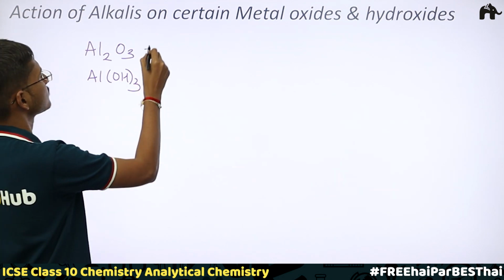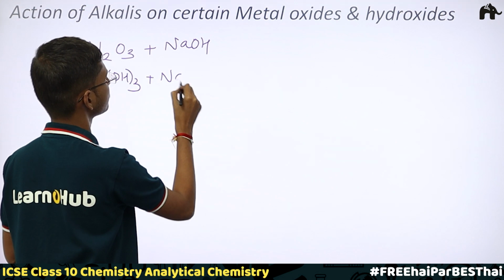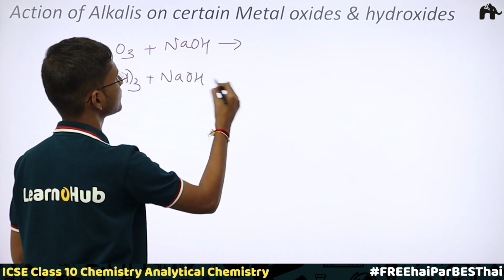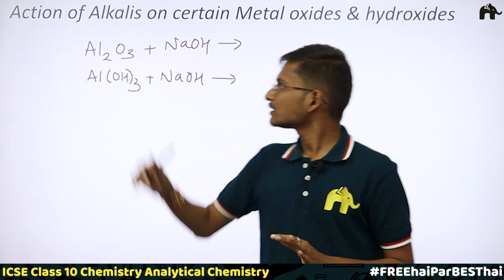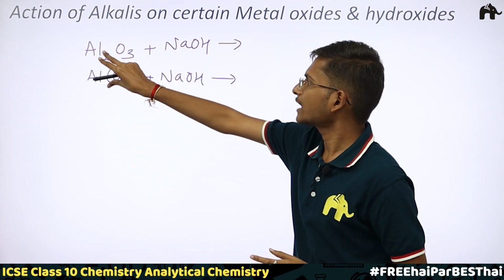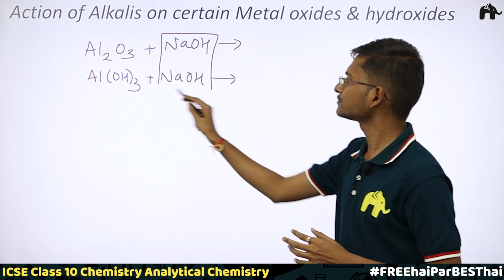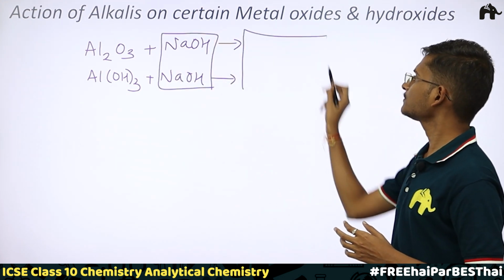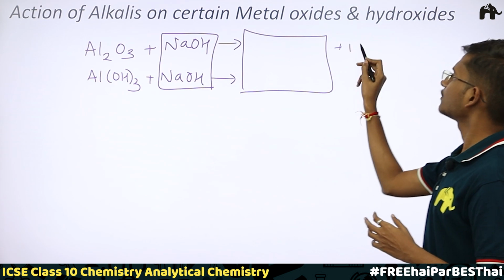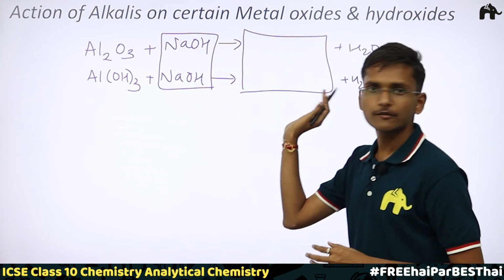Now let's first treat both of them with NaOH. Now the same trick you have to apply. These oxide and hydroxide of the same metal, here aluminium, when reacting with the same reagent, would give us the same salt and water. Now what salt would be formed?